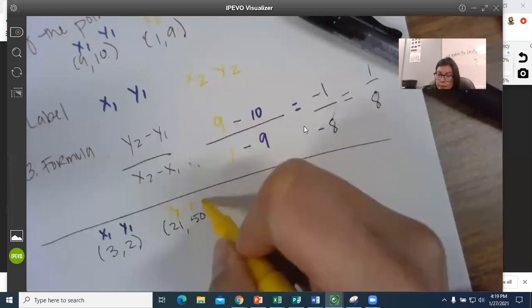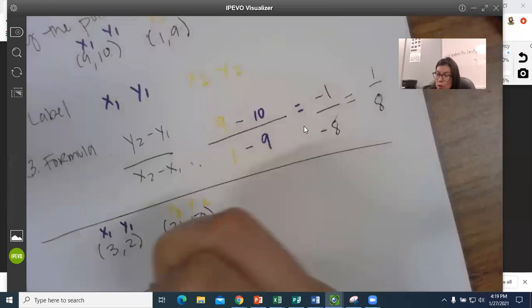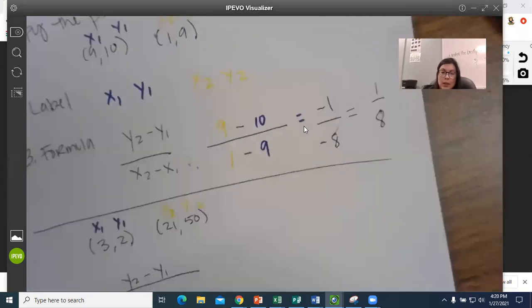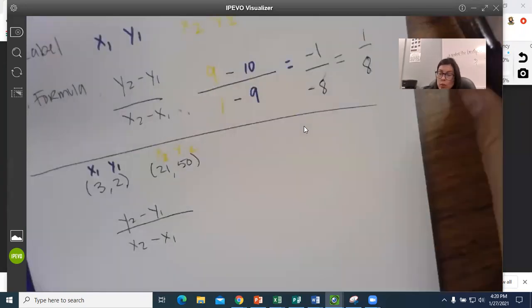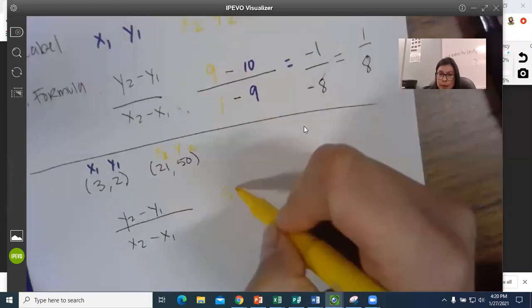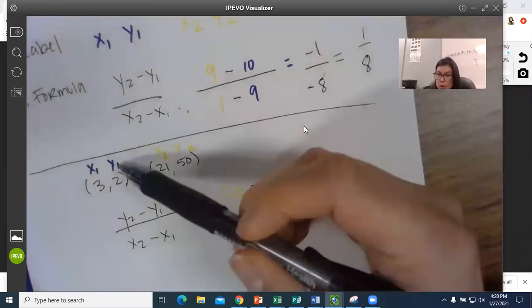Okay, I labeled the points. I'm going to put them in my formula. So it's going to be y2 minus y1 over x2 minus x1. So what is y2? y2 is 50, minus y1. y1 is 2.